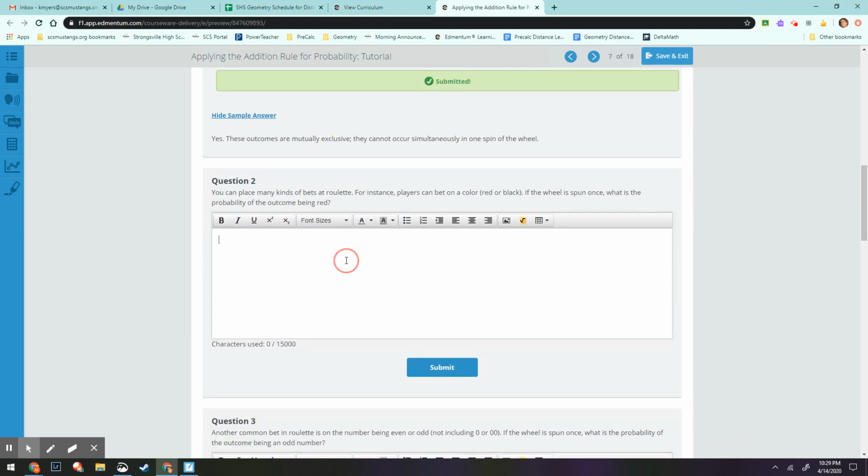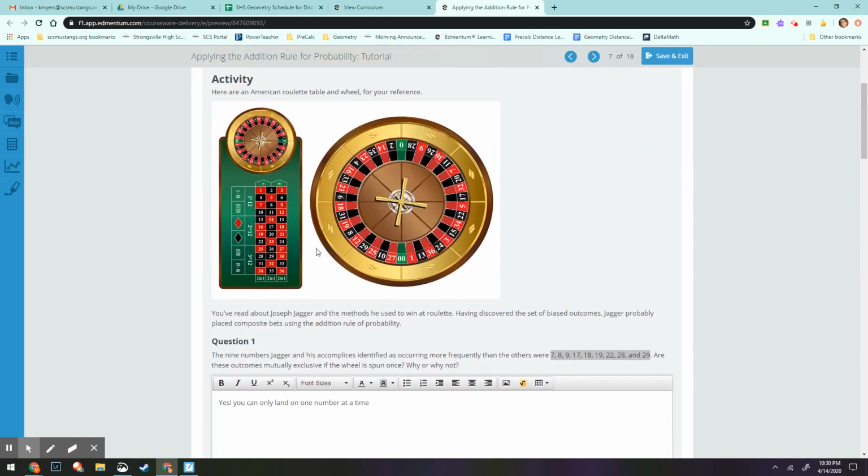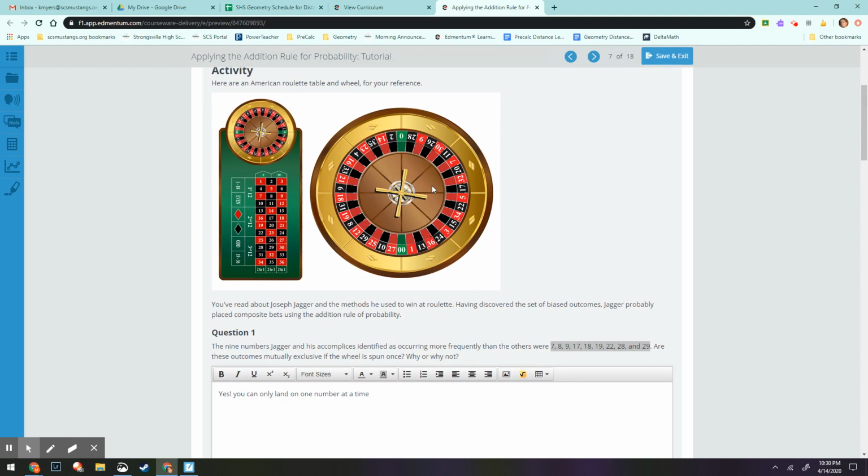So actually, let's make a note that there are 38 total outcomes on a roulette wheel. If we want to count the number of red ones, you can either count on the wheel or on the table. And there's 1, 2, 3, 4, 5, 6, 7, 8, 9, 10, 11, 12, 13, 14, 15, 16, 17, 18.